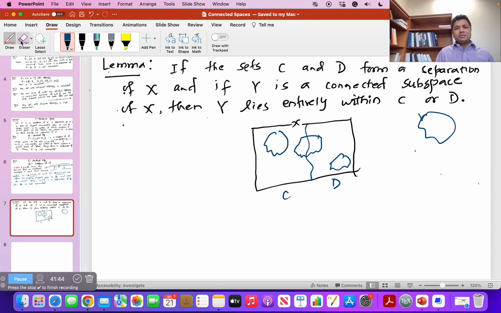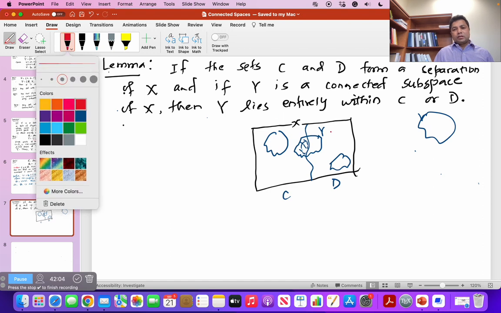And that makes sense here, because if, let's say, some part of Y is in C and some part of Y is in D, then Y is not going to be connected. Let's take this portion and then the other portion.